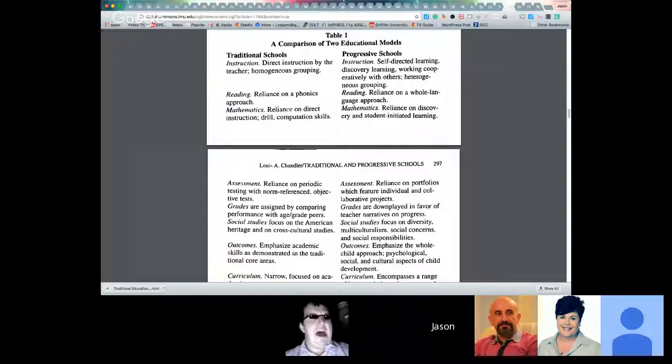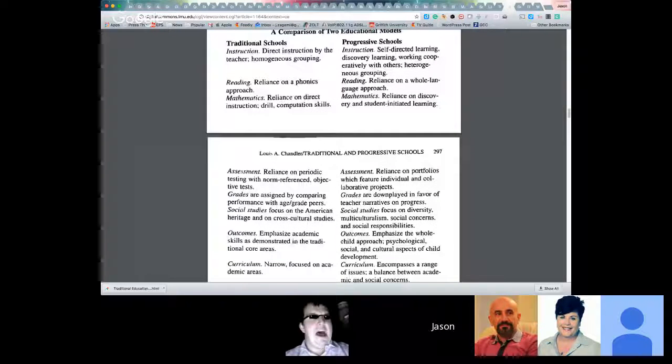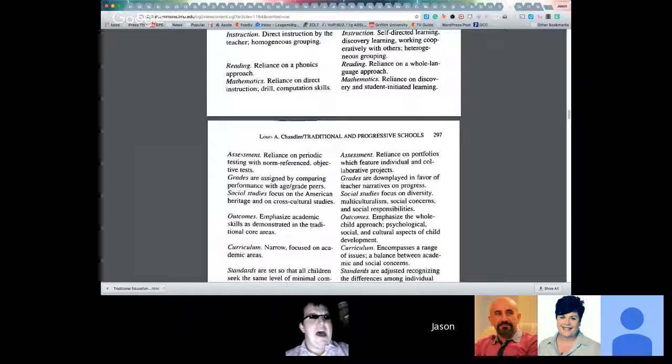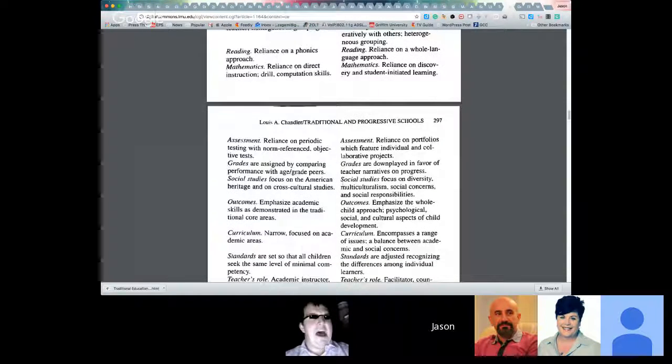The whole language approach is sort of epitomized by the progressive movement, and student-initiated learning, which we, here in Australia, are framing around, what's the current term? Inquiry learning. These approaches have been attributed to the progressive end of the scale, but also with portfolios, individual projects, and collaborative projects.